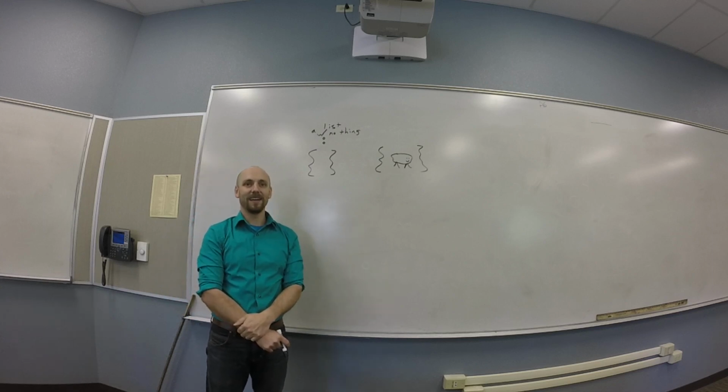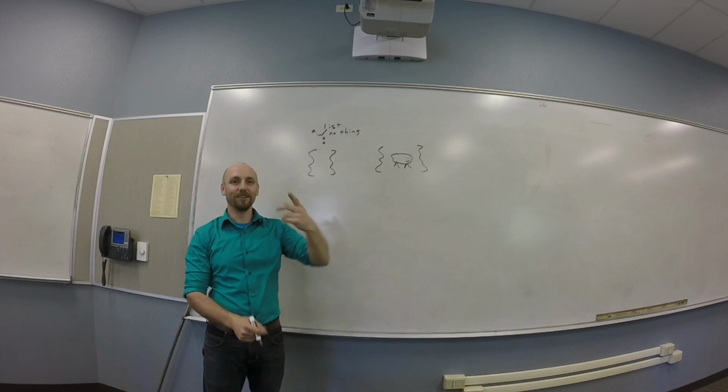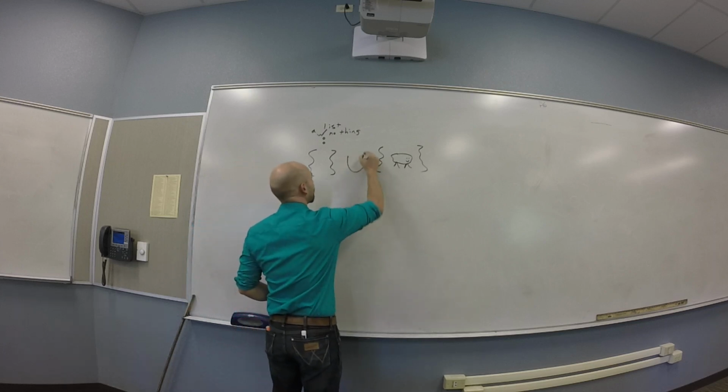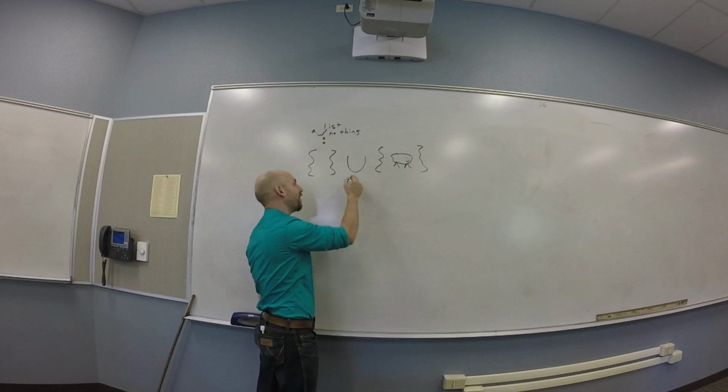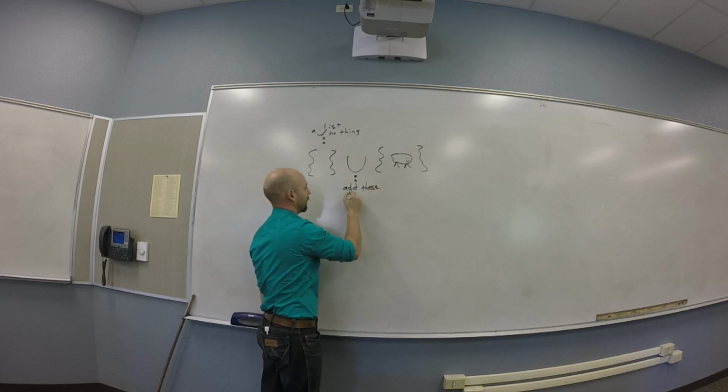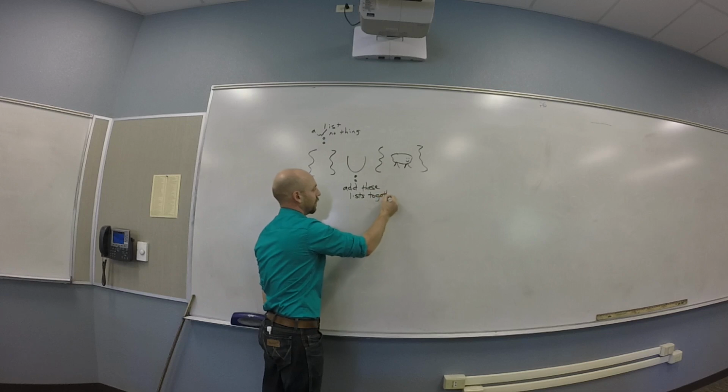So I claim you guys already know the symbol for adding sets together. How do you add intervals together? Yeah, you use this union thing, right? What this says is the idea of adding these sets together. Nothing plus sheep equals sheep.